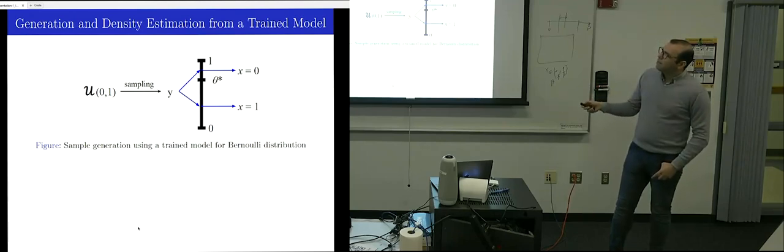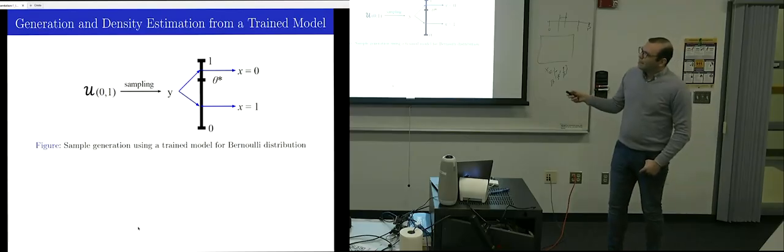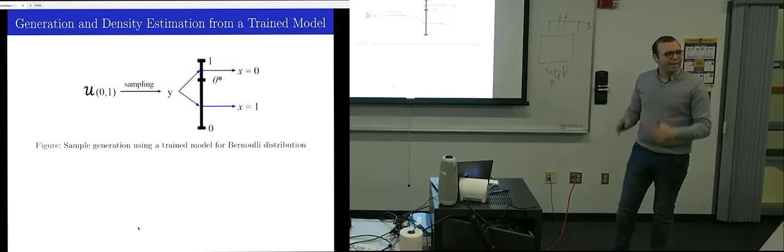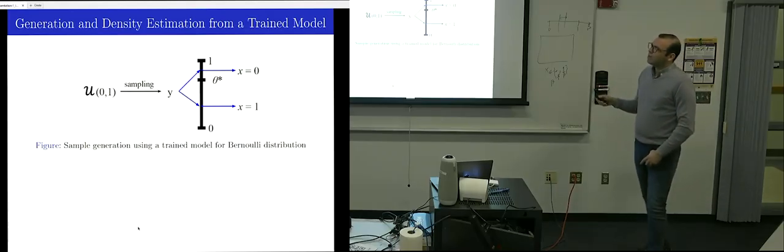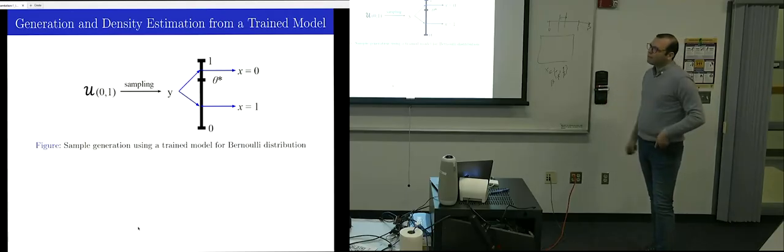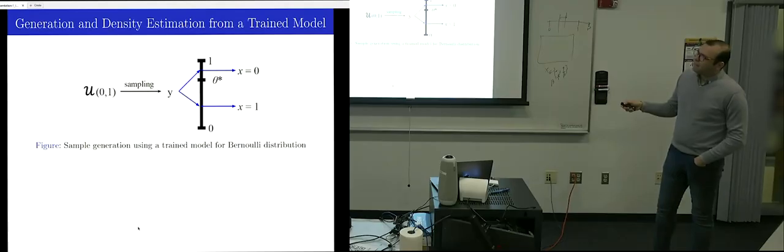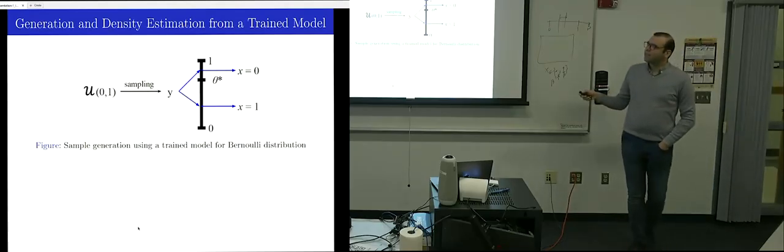I can easily sample from a uniform distribution between 0 and 1, and this is the value of theta star that I find using any optimization method. I do not want to talk about that method because you will learn about it during this class.